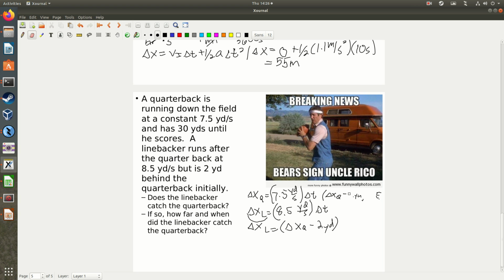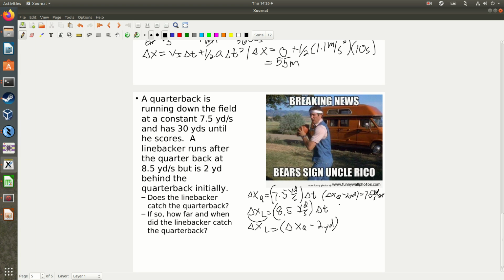Let me make it a little bit smaller. Minus 2 yards equals 7.5 yards per second delta T.